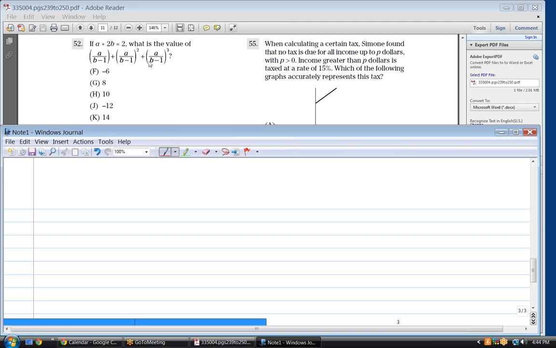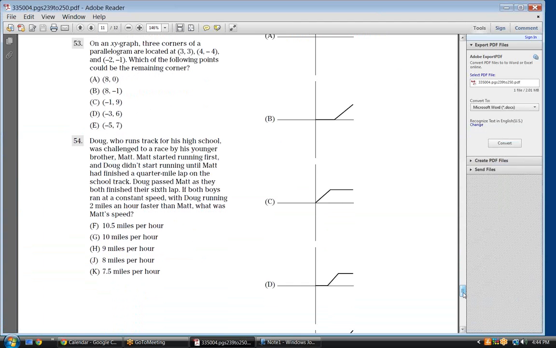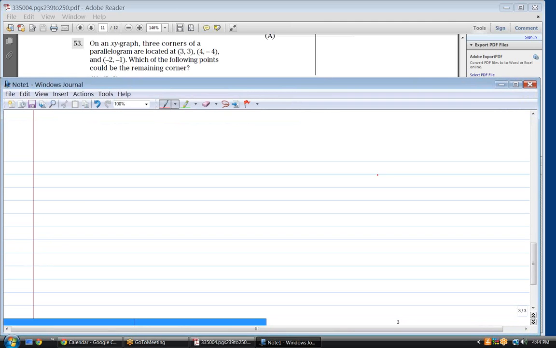So whenever you see something like that, always look to see whether you can make this thing look like any of these. Maybe I can make this look like A over B minus 1. Always the key when you have 2 variables and only one equation, usually they ask you not for each of the variables, but for some combination, like the last one.